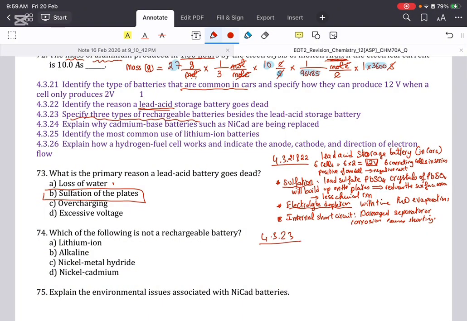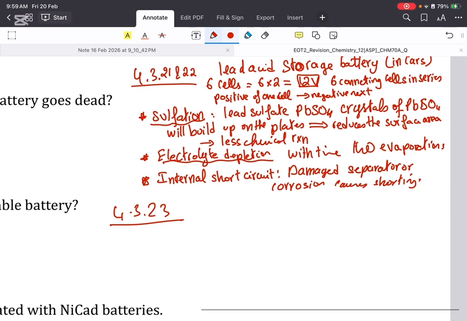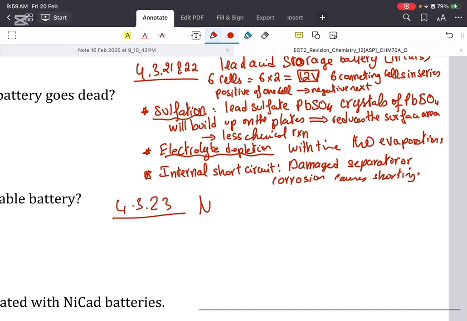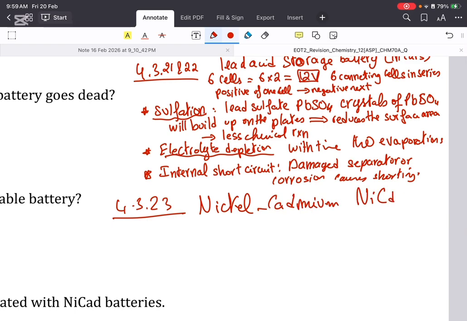Also here I have the nickel cadmium battery. It's NiCd. This is a rechargeable battery.